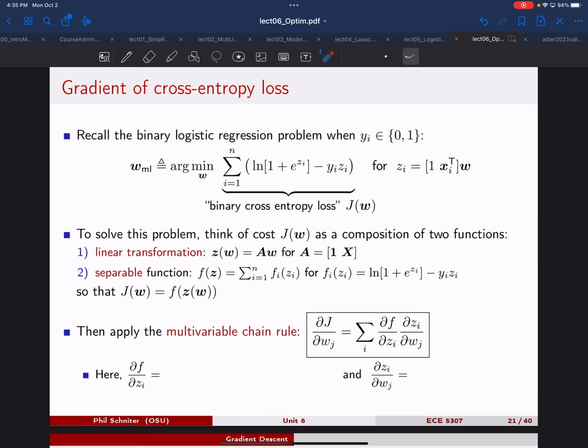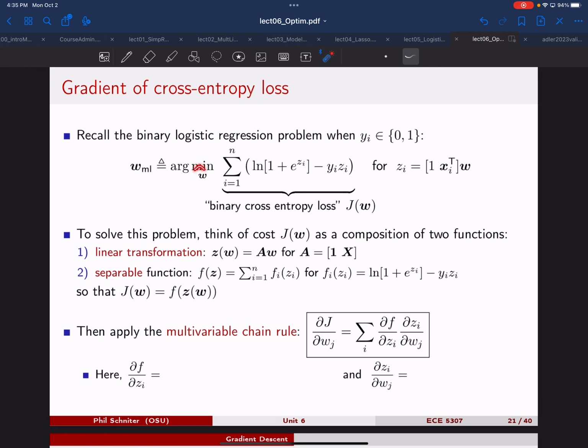So this is the thing that we derived in the last unit, and it's a little bit complicated in the sense that we have this term, which has logs and exponentials, that's written in terms of these z_i's.